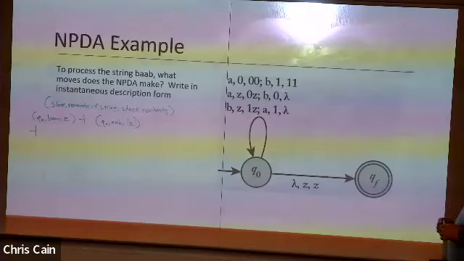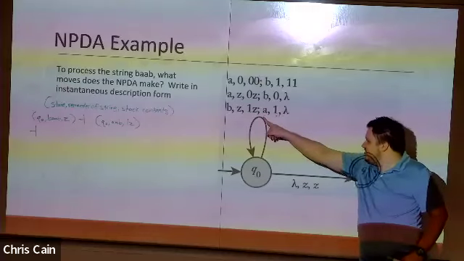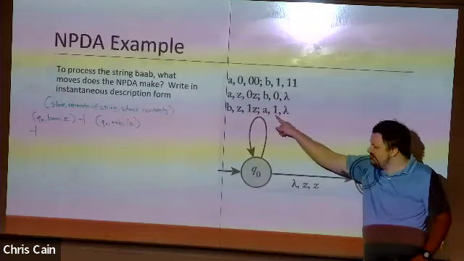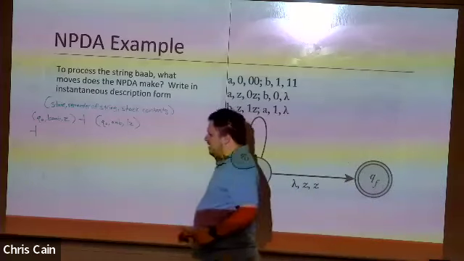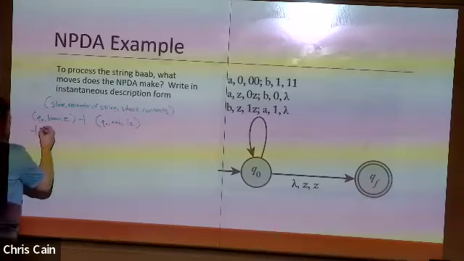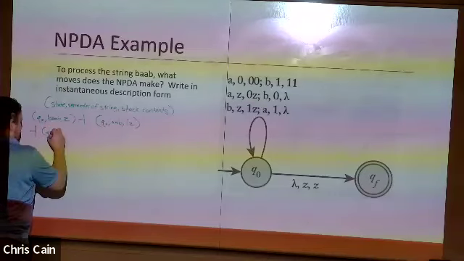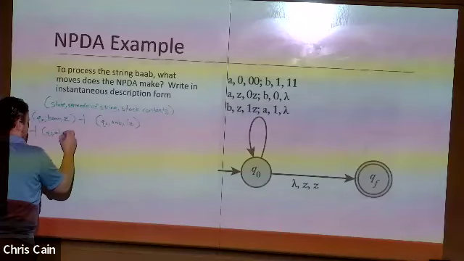Bottom right. We want to read an A, and the top of stack symbol is a 1. So this says pop the 1, replace it with nothing. So we're still in Q0. We have now read this A, so all that's left is AB. The stack just has a Z on it.